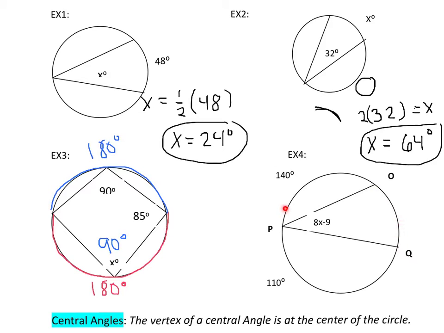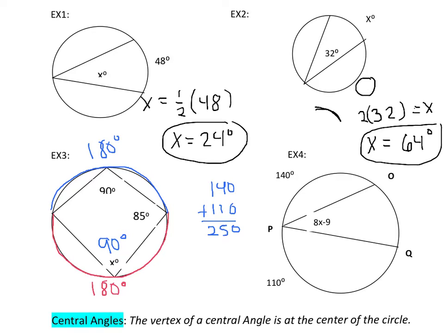We're given that this arc here is 140, and this arc here is 110. 140 plus 110 gives us 250.